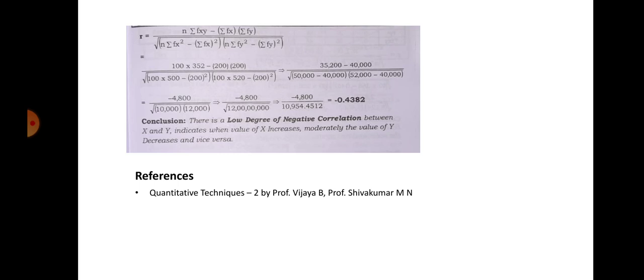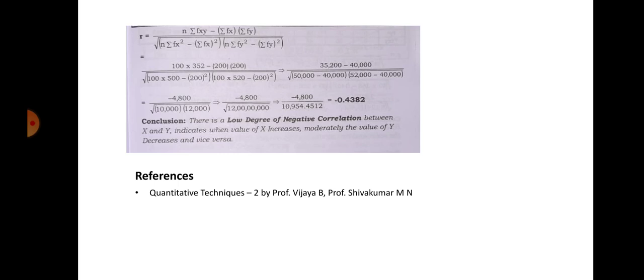If the number is more than the capacity of the calculator, you will get an error, so write separate square roots. Then it is minus 4800 divided by 10,954. The answer is minus 0.4382. Now you have to write the value.